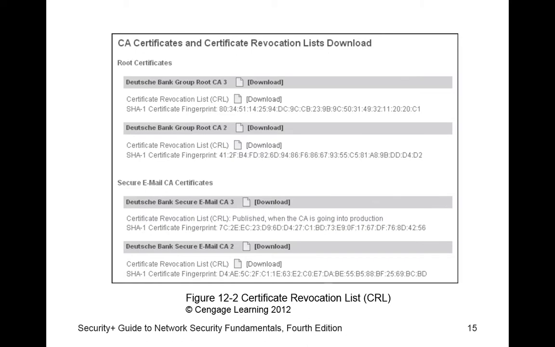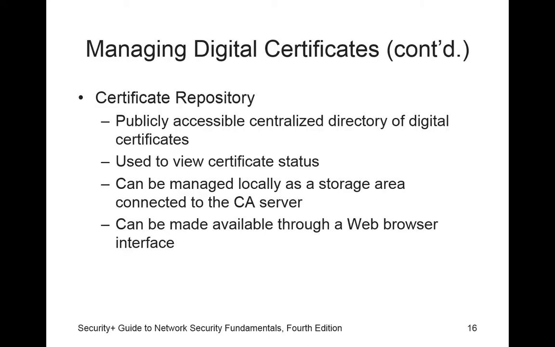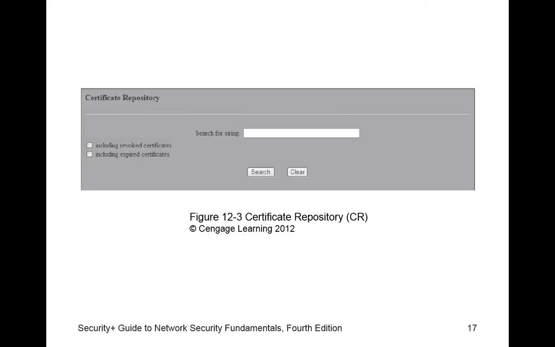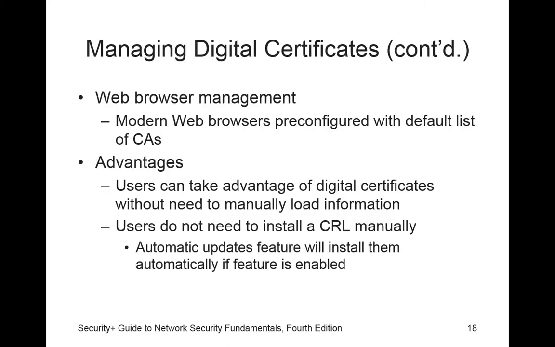Certificate repository: basically it's a publicly accessible directory that houses all digital certificates, and you can get to it through a web browser. Web browser management: most web browsers have the default CAs built into them, so you can go and get the CA list if you need to.